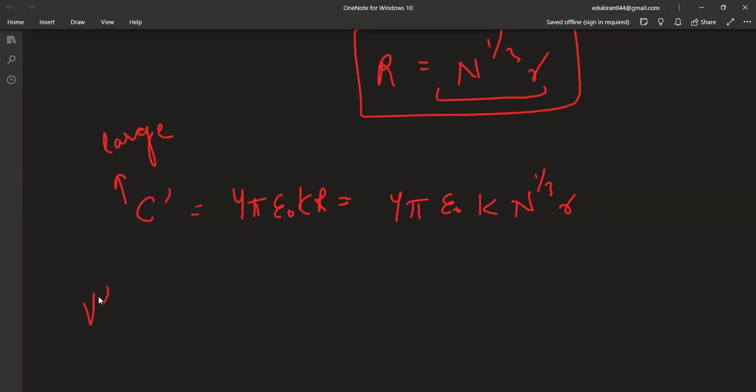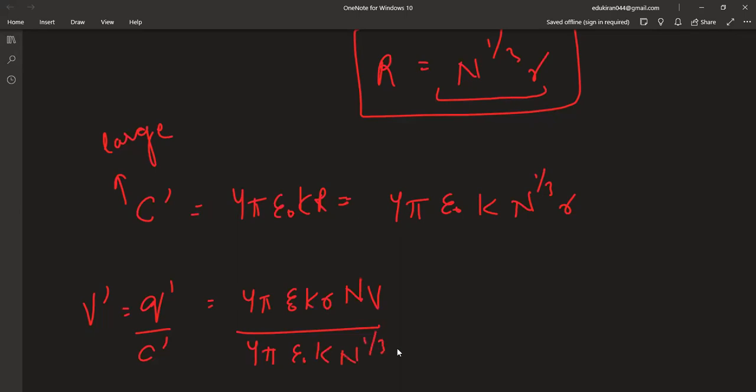So what will be the potential of the large drop? New charge by new capacitance. What is the new charge? 4 pi epsilon naught k small r nV. We had already calculated it and kept it. For the new capacitance, it is 4 pi epsilon naught k n to the power 1 by 3 r.